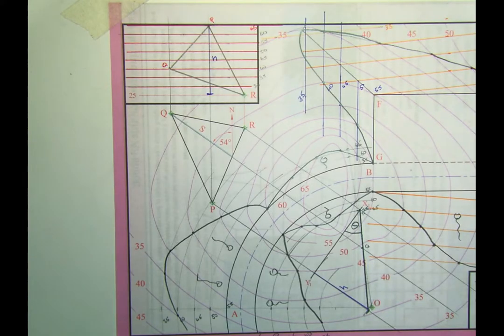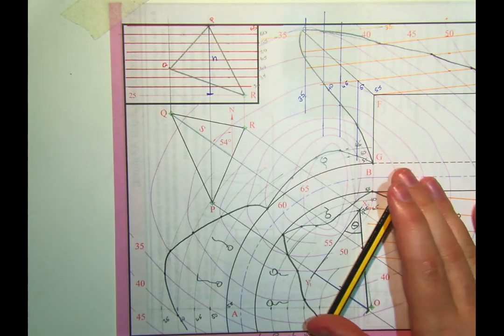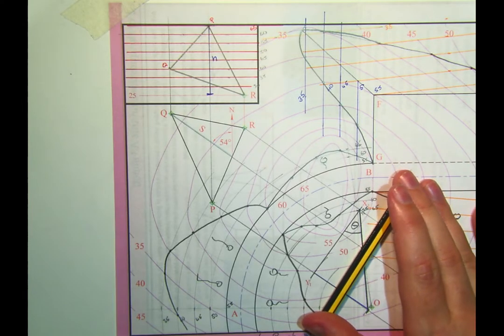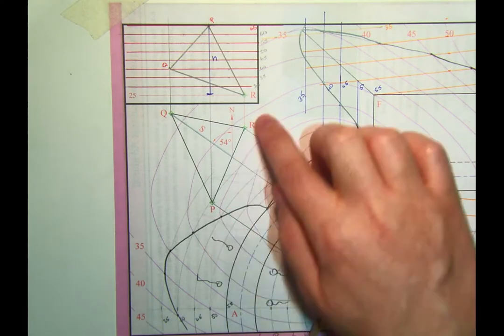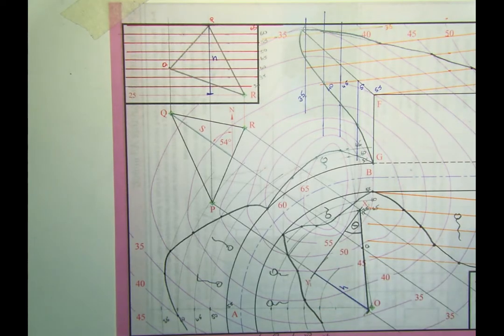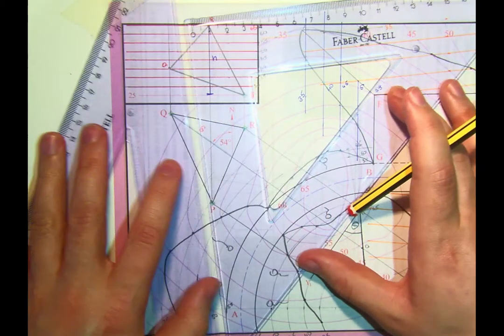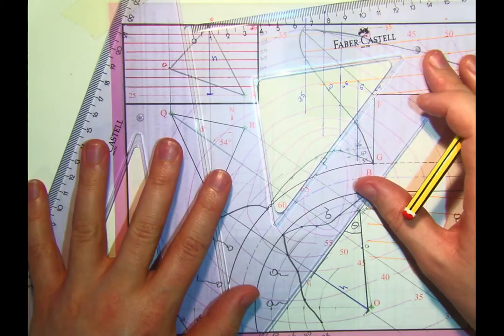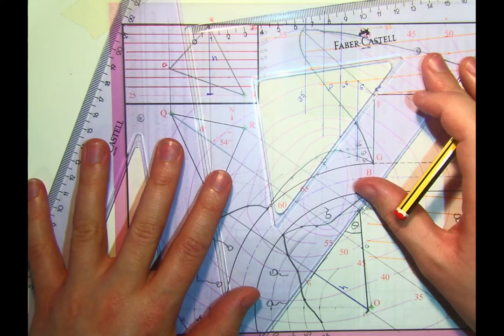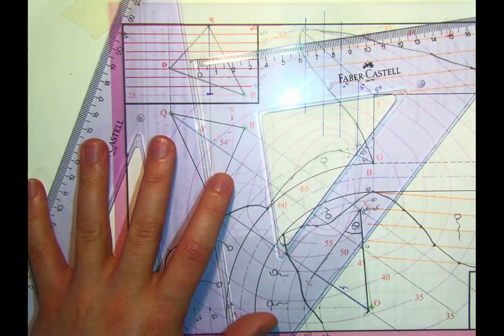So what I'm going to do is I'm going to take an edge view of this plane, rotate it until it's horizontal, or well, parallel to the X1, Y1 line, and then project each point P and R back, and that will give me the true angle between the strike and the line PR. So first thing that I'm going to do is I'm going to take a line parallel to X1, Y1, and I'm going to do that through where Q and S are, so kind of through point Q up here.